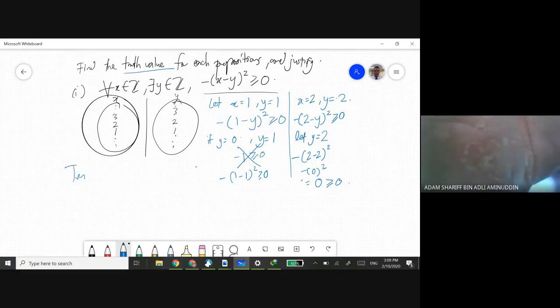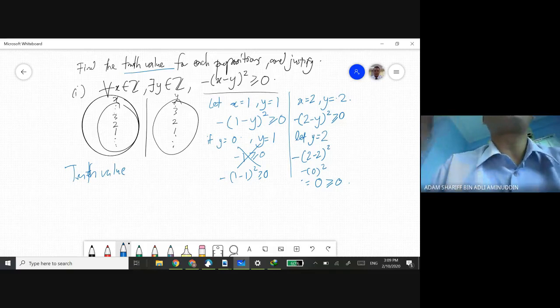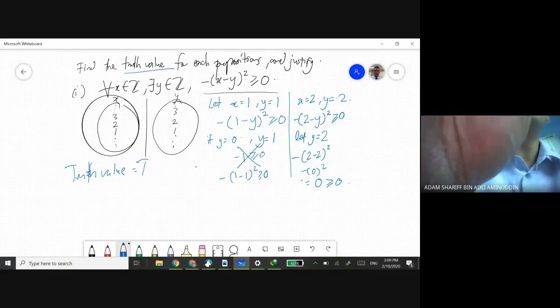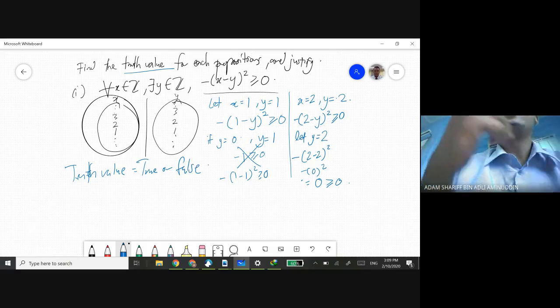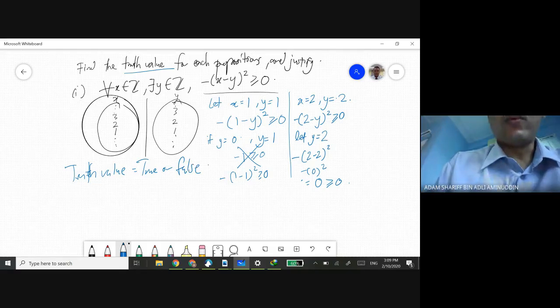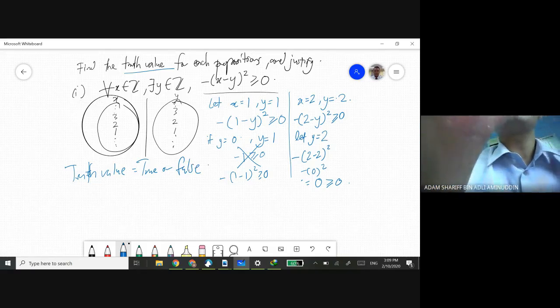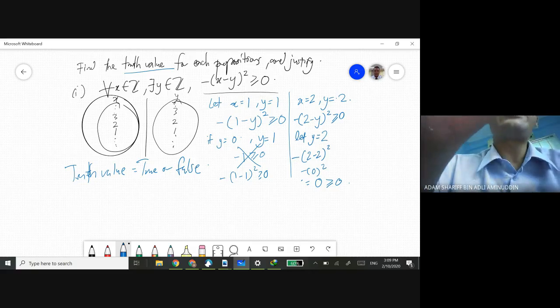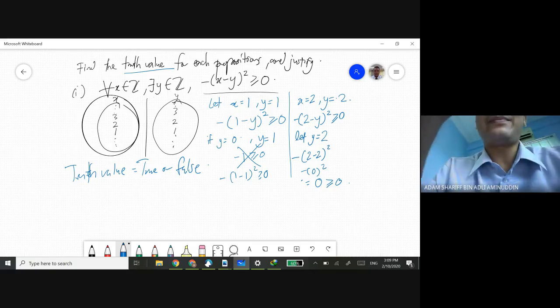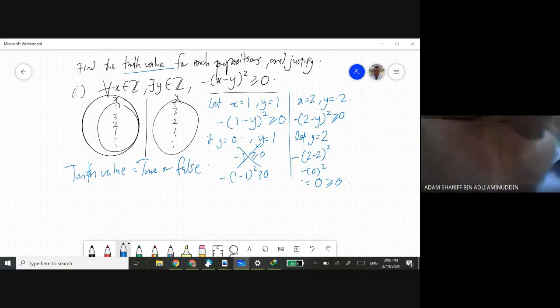What is the true value? You have two possible true values, which is either true or false. Does this statement true? For every x in Z, there exists y, which is in Z. For this question, it is true.